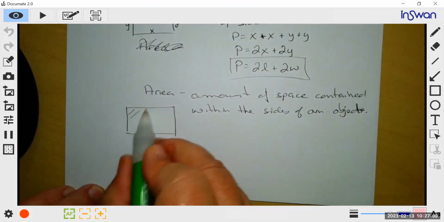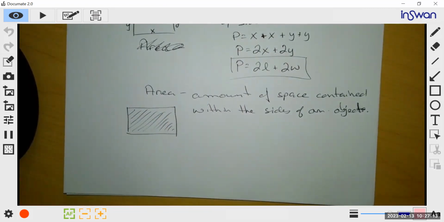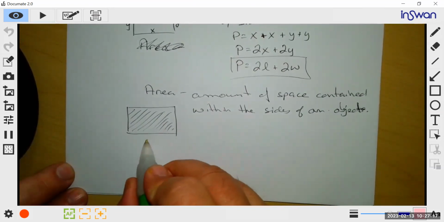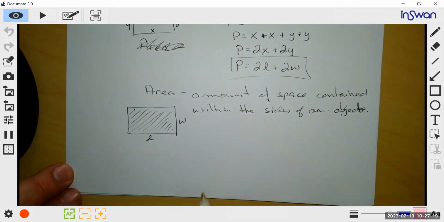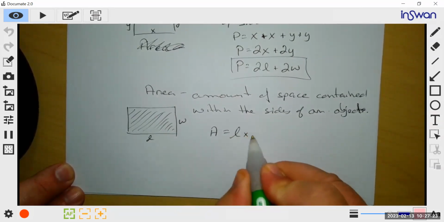So area is the amount of space inside an object. This is the length, this is the width. So the formula for the area is length times width.